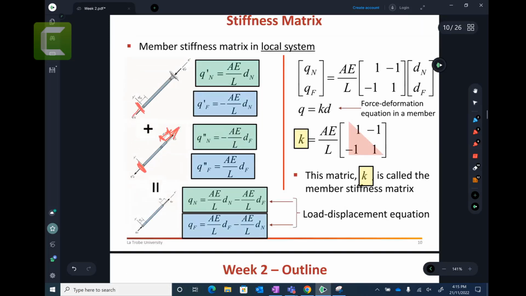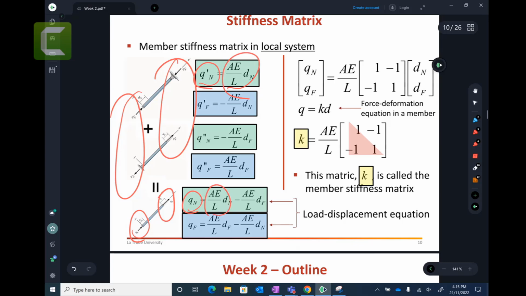And if I superpose these guys, I will get this. So similarly, I can superpose the force at the near node, AE dn minus this, and QF, I can add them together, superpose. And then if you know the two equations, I can write it in matrix form.